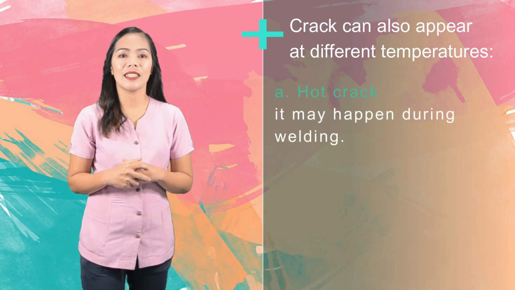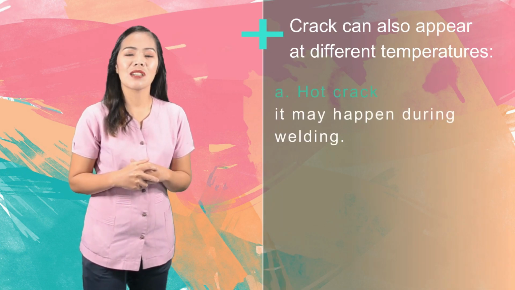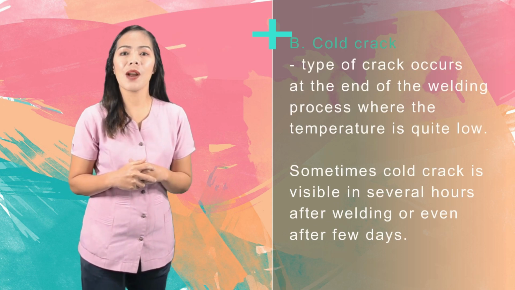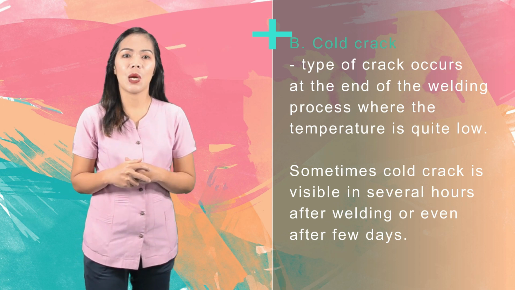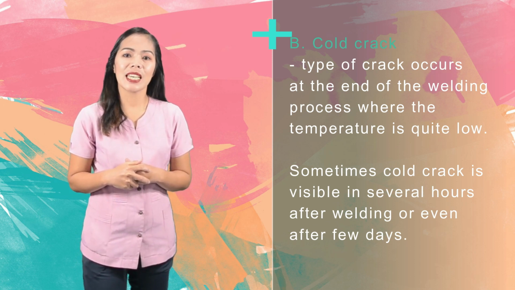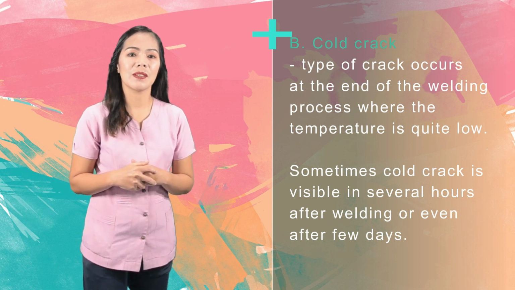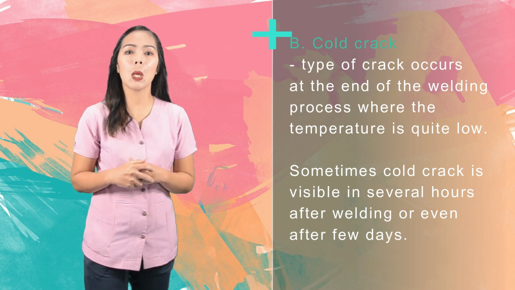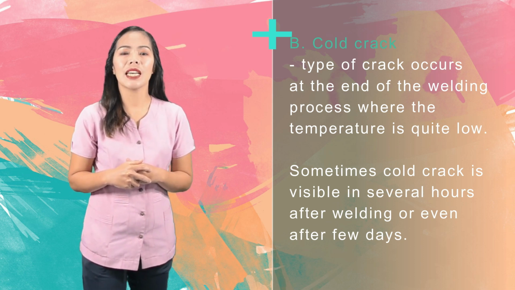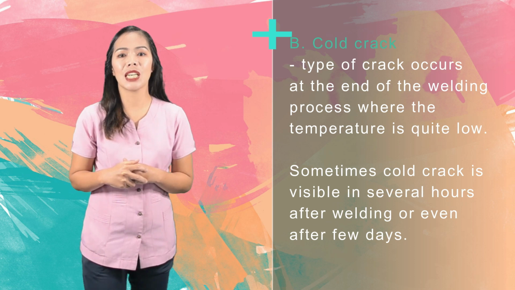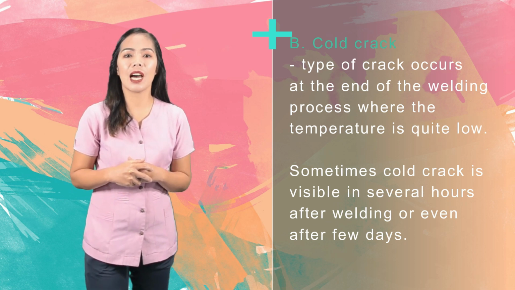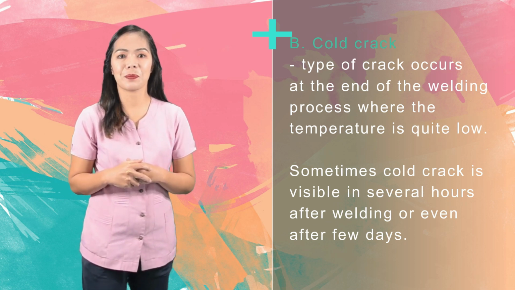Hot crack: it may happen during welding. Cold crack: this type of crack occurs at the end of the welding process, where the temperature is quite low. Sometimes cold crack is visible several hours after welding or even after a few days.